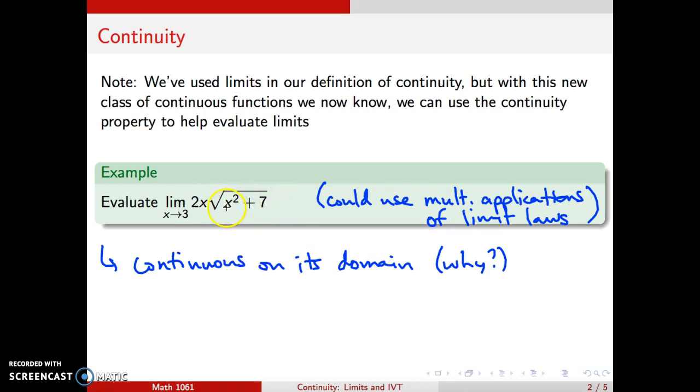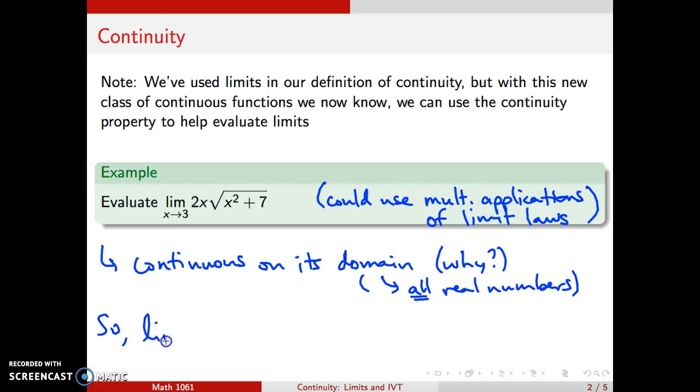A polynomial is continuous everywhere, and a root function is continuous on its domain. So this is going to be continuous on its domain, which, as it turns out, is all x values because x squared plus 7 is never negative, which was the potential problem. So it's continuous on its domain, all real numbers in this case. No restrictions. It's continuous everywhere.